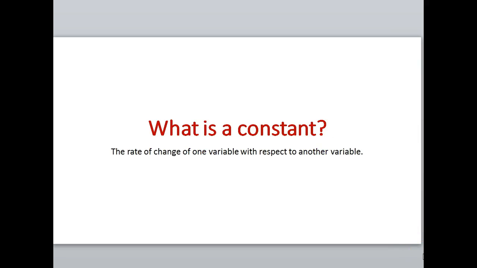So in this video we're going to deal with a constant. Constant is a very important part of graphing. So this video specifically talks about constants. What is a constant? A constant is really the rate of change of one variable with respect to another variable.